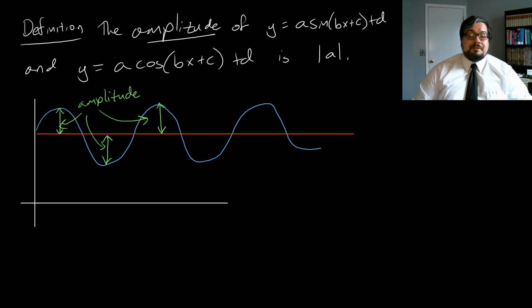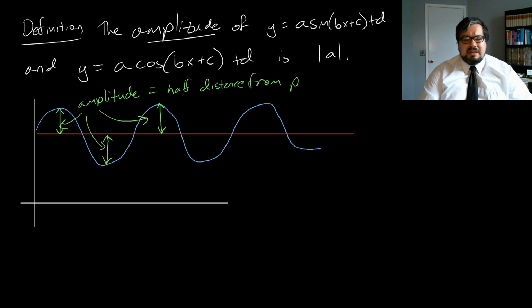So we will often describe the amplitude of a sinusoidal function, or a problem may ask you for the amplitude of a function, either based on its graph or based on its function. If it's based on the graph, then you measure it in the way illustrated here. Another way to think about the amplitude is that it's half the distance from a peak to a valley.